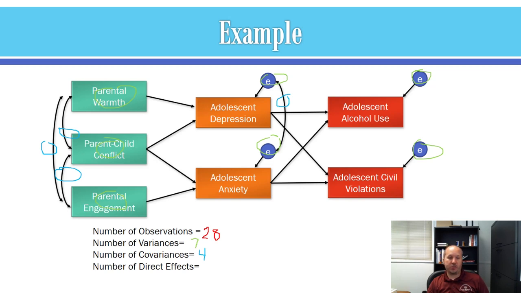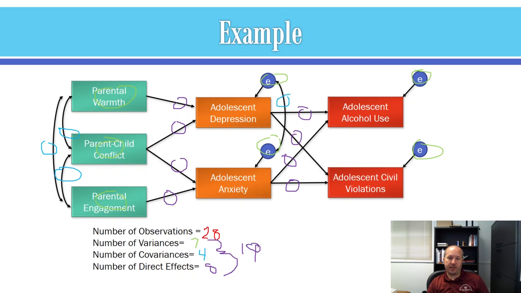And the next is our total direct effects. That's our single-headed arrows, not including those from disturbances. So in this model, we have 1, 2, 3, 4, 5, 6, 7, 8. So we have 8 total direct effects. And then we're going to total this up. 7 plus 4 is 11, plus 8 is 19.